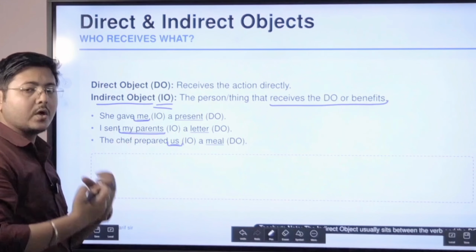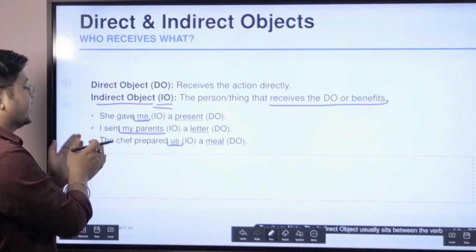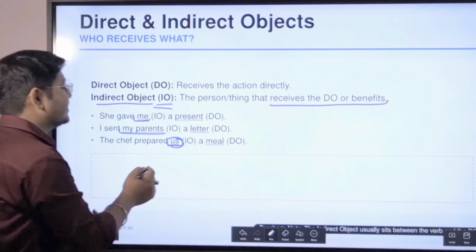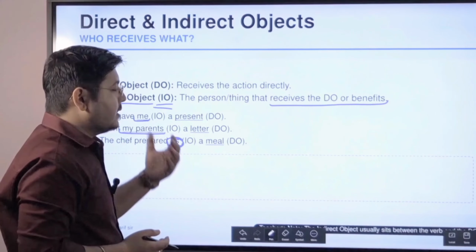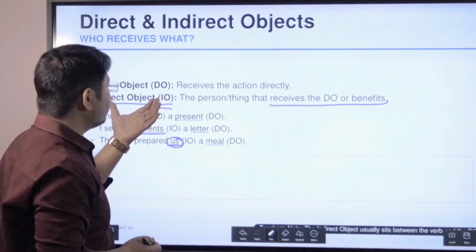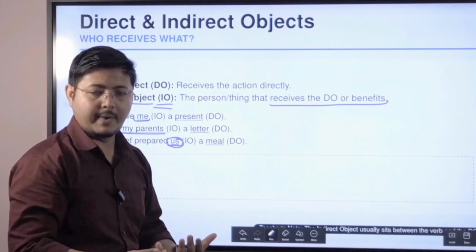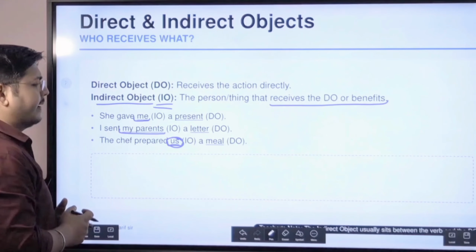Who benefited? Who got the letter? My parents. Indirect object. Third sentence, the chef prepared a meal. And who got the meal? Us. That is why indirect objects are those words that receive the benefit of the action being done. And direct objects are those words, those objects that get directly affected by the action of the verb. This is what you mean by direct and indirect objects.